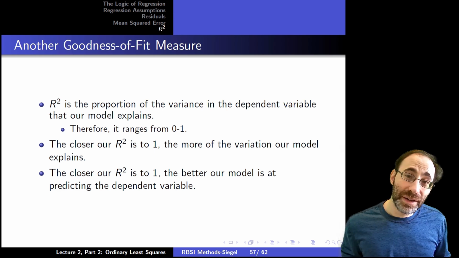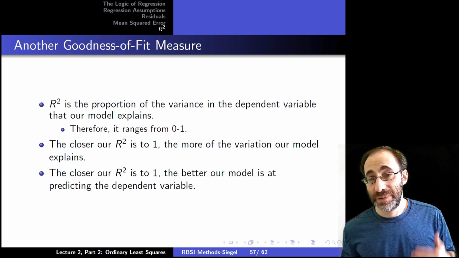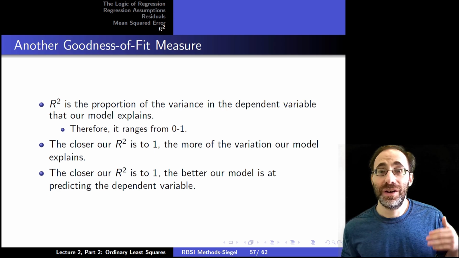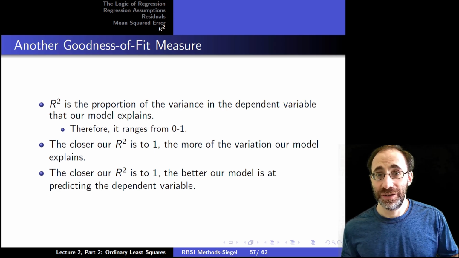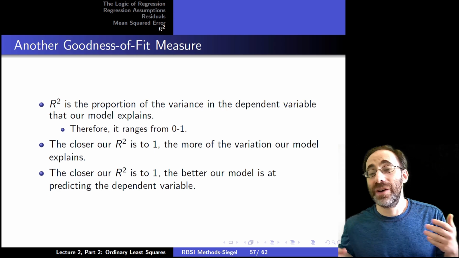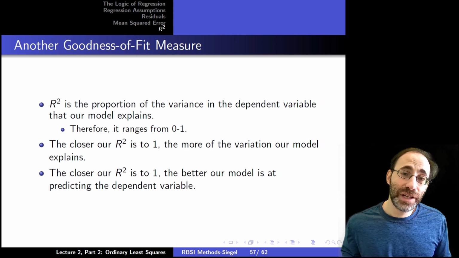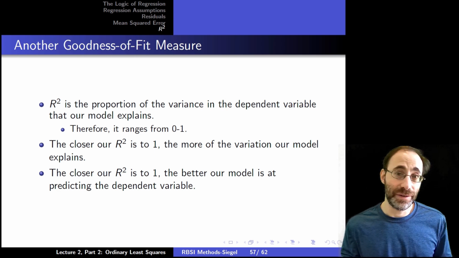If R squared were 1, the variation in our model perfectly explains the variation in our dependent variable. So we understand everything about the variation in our dependent variable from the model, given our data. That's an R squared of 1. In between, as we get closer to 1, we're doing a better job of predicting the dependent variable with our model.